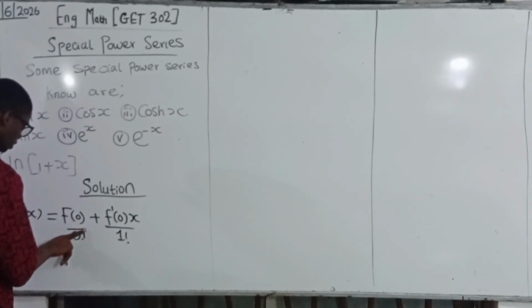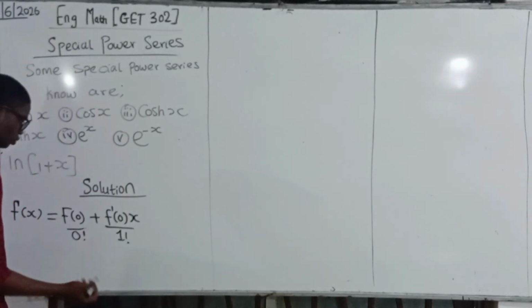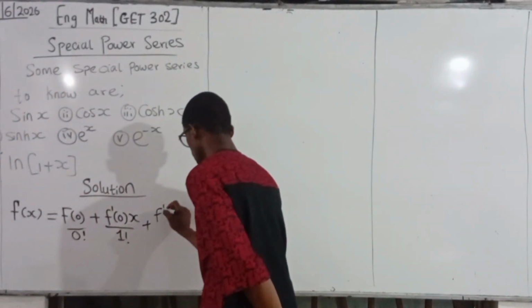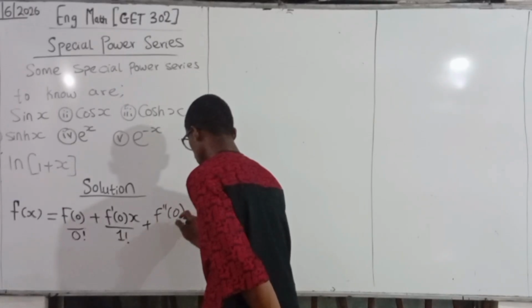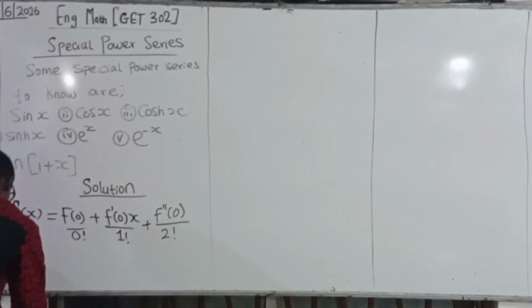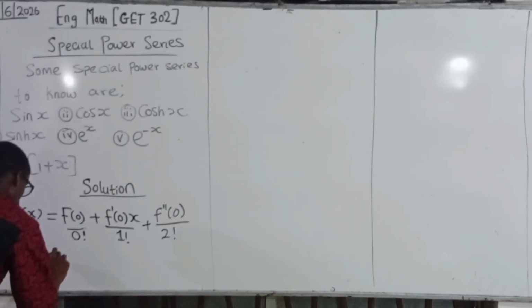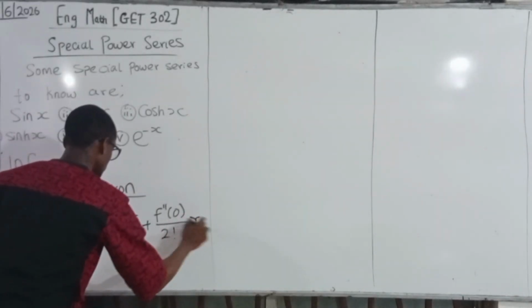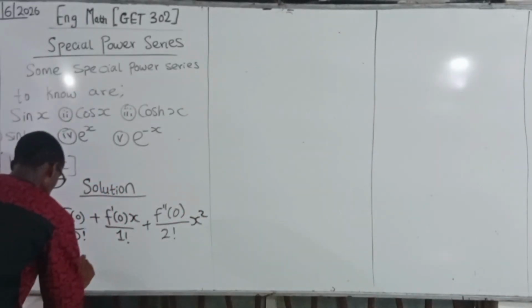But because 1 factorial and 0 factorial will give you 1, we don't have any need for it. Then plus f double prime of 0 all over 2 factorial plus f triple prime of 0 all over 3 factorial. Here will be x squared and x cubed.